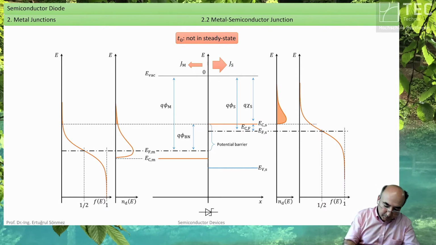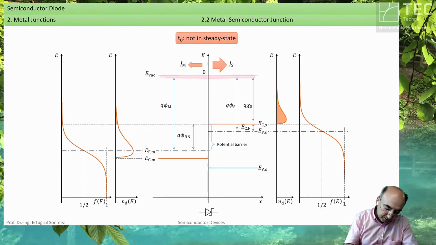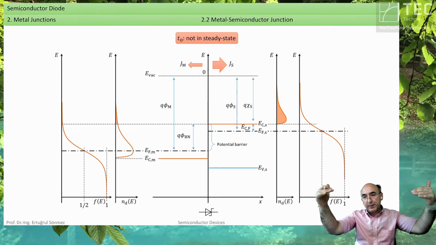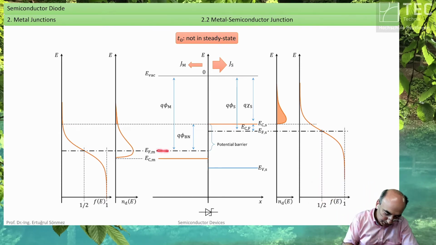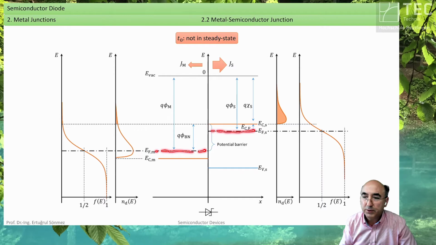We're not in steady state. That means we do not have a constant vacuum level. Not in steady state means you have a non-banded vacuum level, because here the vacuum level is defined by getting an electron free. For the metal, we have this work function. For the semiconductor, we have this work function. So the work functions define the energy where the Fermi levels are situated.